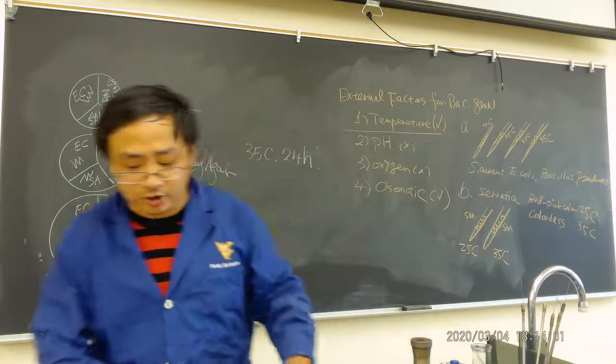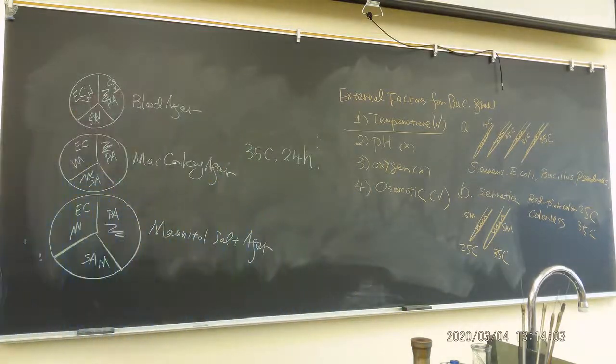So what's going to be the work today? Everybody is going to come in here. It's very simple compared to what you did before. You will get 1 MacConkey agar, 1 mannitol salt agar, and 1 blood agar. Now, this looks similar, is that right? These two look very similar.